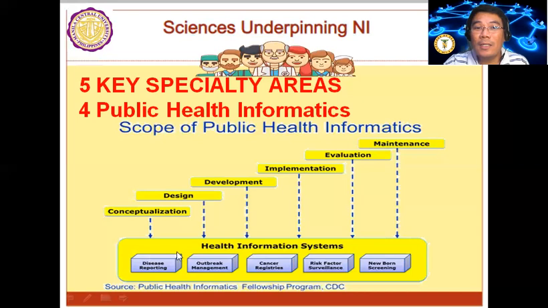So other than the disease reporting, the scope of the public health informatics is also outbreak management. If the data are coming in and registered accordingly, it is very easy for the city health offices, the Department of Health, and other concerned agencies to tell if the number admitted in the healthcare facilities is sufficient to say that it is already an outbreak or epidemic. The pandemic is global in nature, while the epidemic is considered as either national, regional, or local.